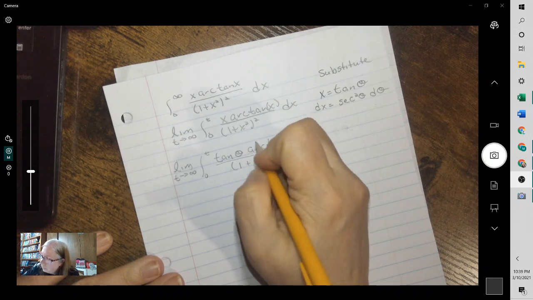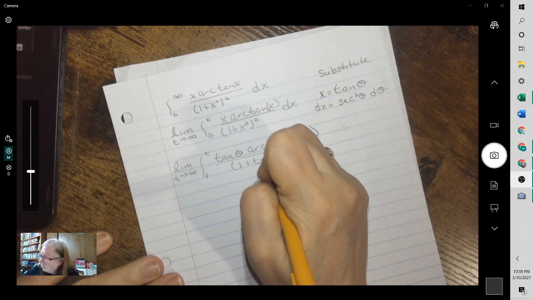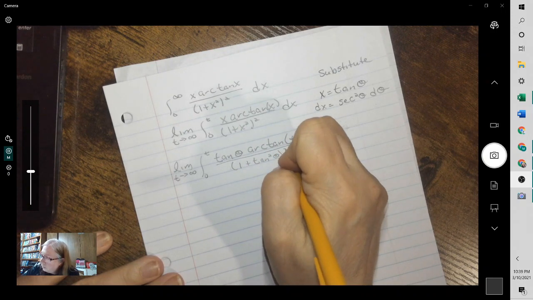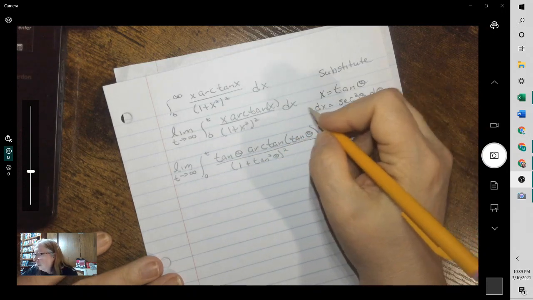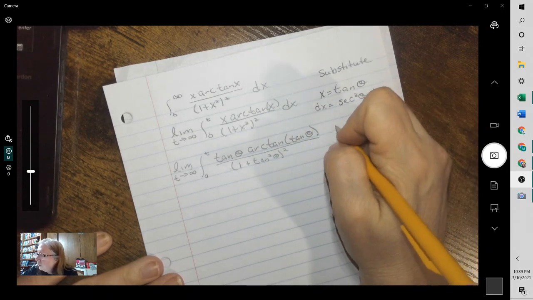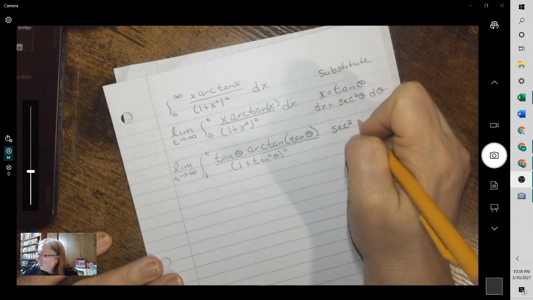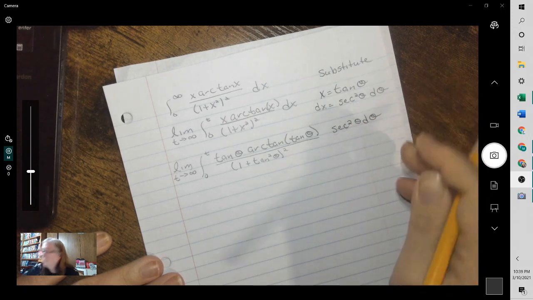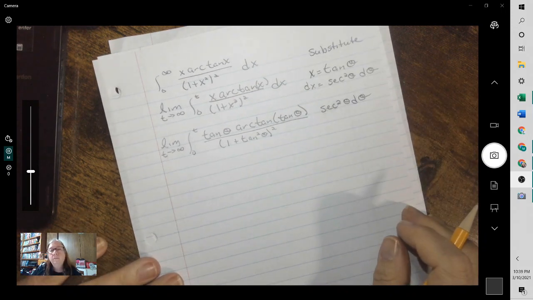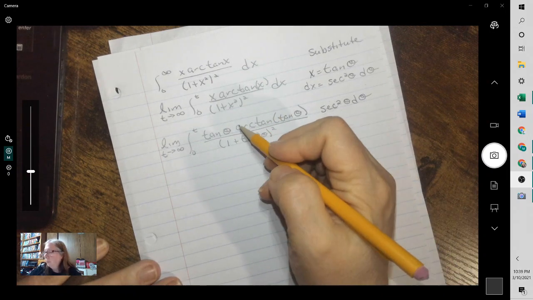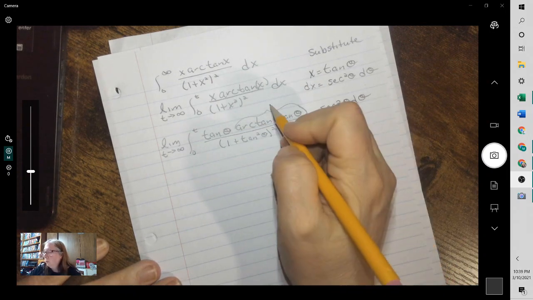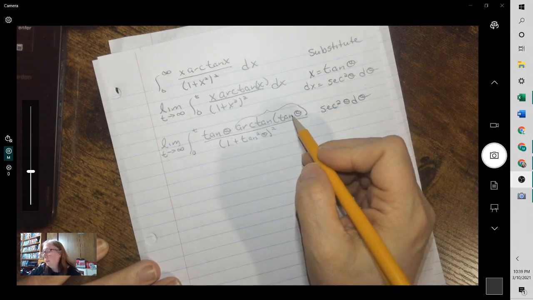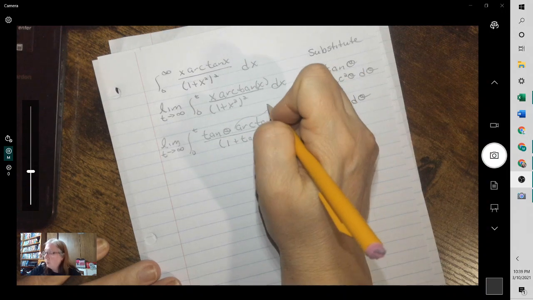One plus x's tangent squared theta, squared. And then dx becomes secant squared theta d theta. Looks complicated, but remember, this whole thing is going to reduce because the arctangent of the tangent of theta is just theta.